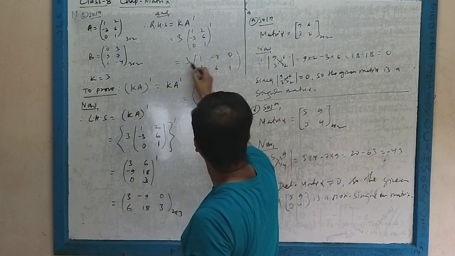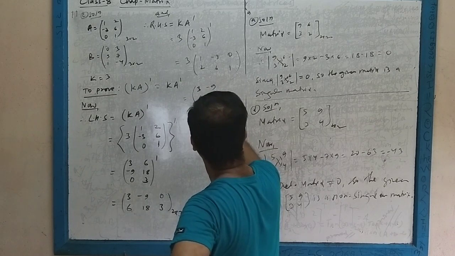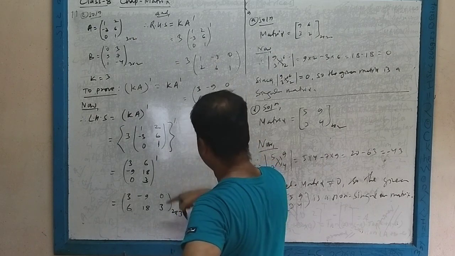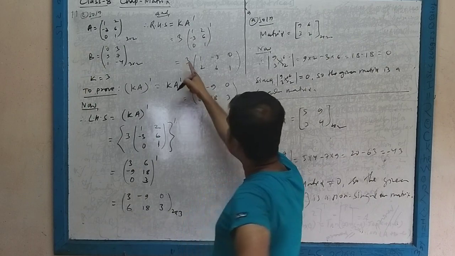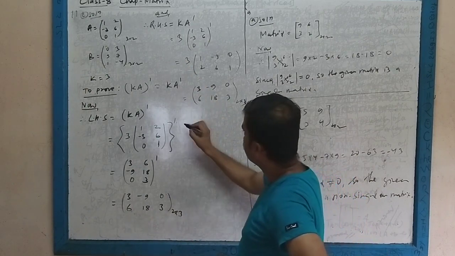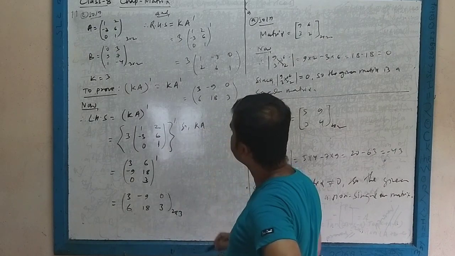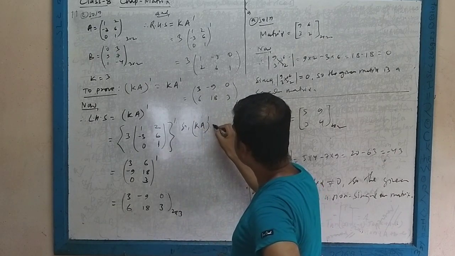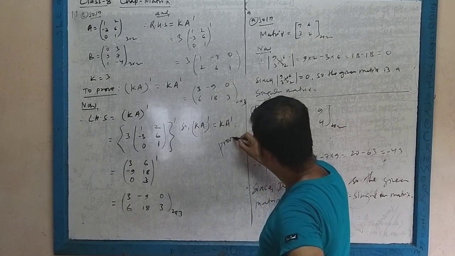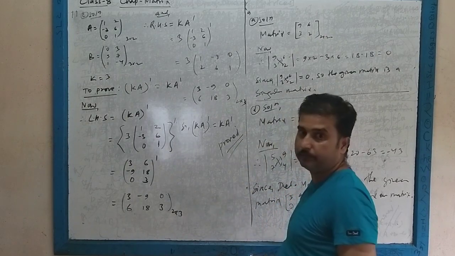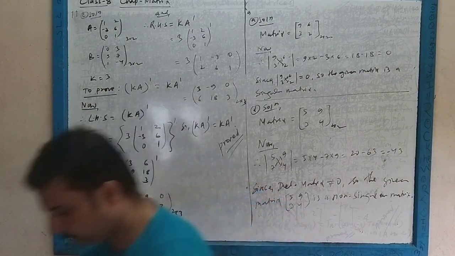Now you multiply with this scalar. 3 1s are 3, 3 2s are 6, minus 9, 18, 0 and 3. The result is the same. So (kA) transpose equals k times A transpose. We have proved this.